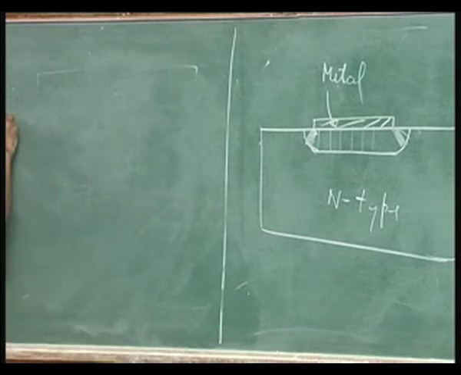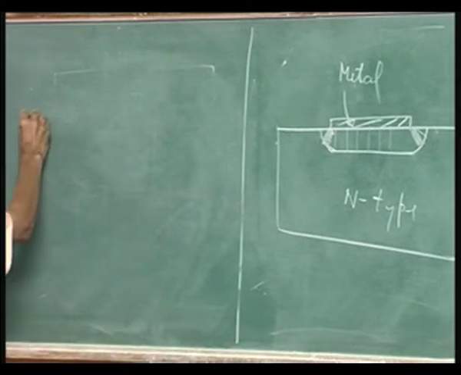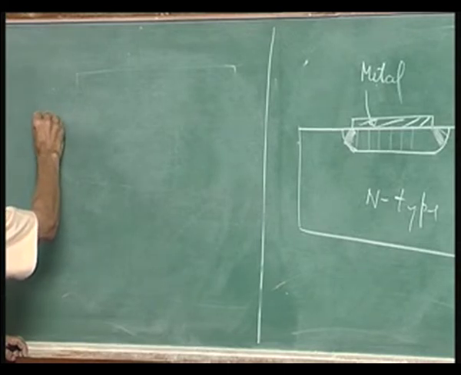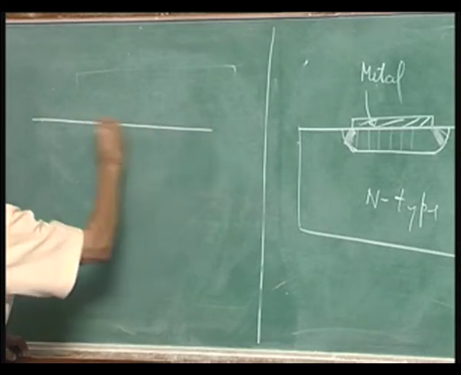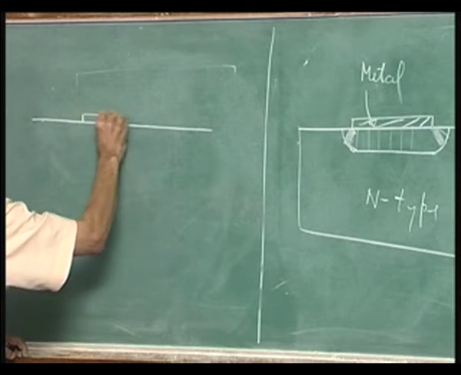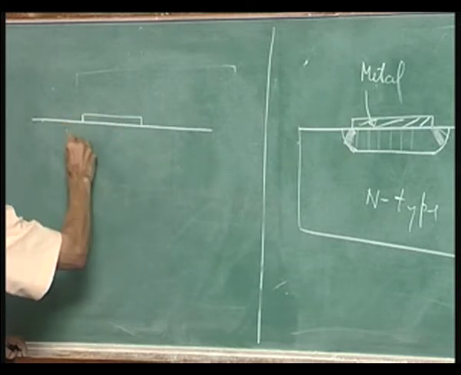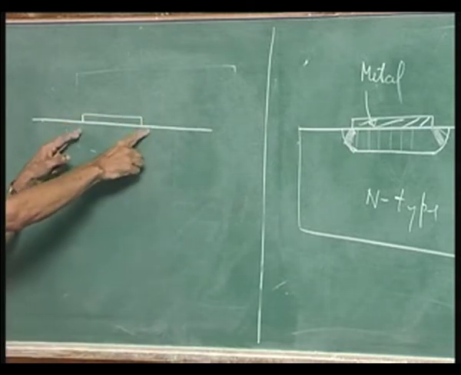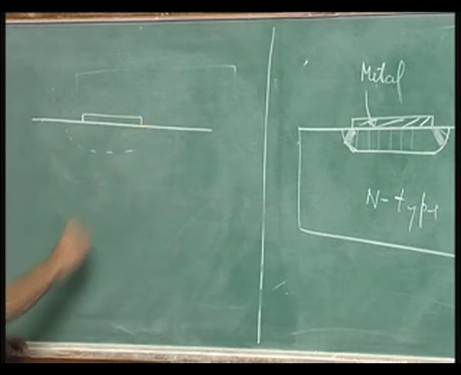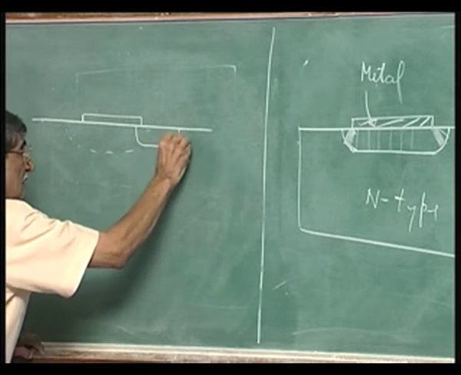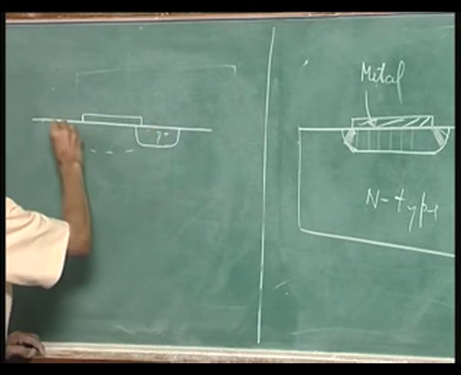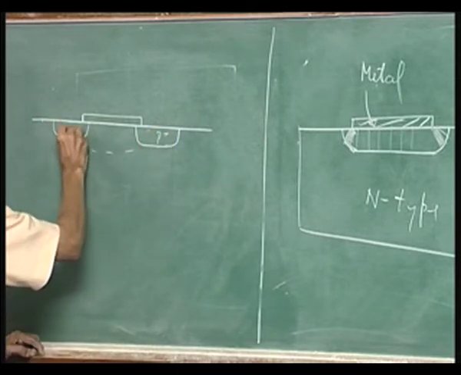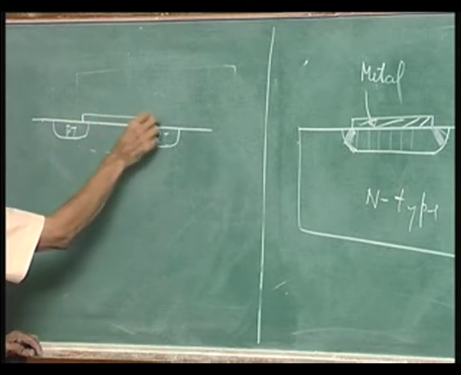See, what we do, okay, what we do is, the depletion layer is here now coming, the crowding effect I want to remove. So, you put just near that, adjacent to that, a P plus guard ring, and both are connected together.